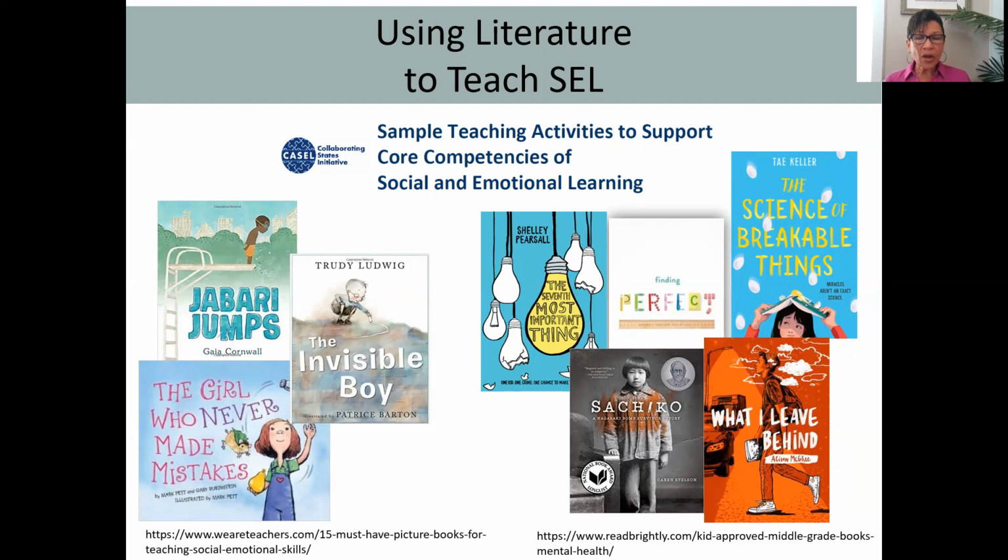And then also keep in mind that a really great strategy for working with secondary students is to introduce them to some of the elementary level or younger level books with the idea of having them mentor younger students and have conversations with them.